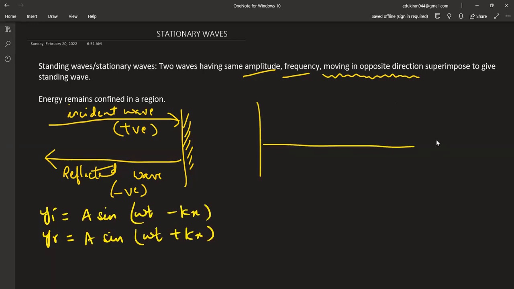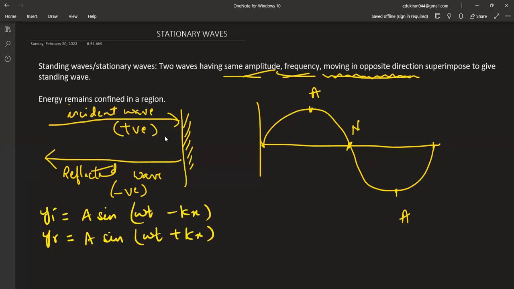Suppose this is a stationary wave that has been formed by superimposition of waves with the same amplitude, same frequency, and moving in opposite directions. These cut points which intersect are called the nodes. And these points which do not intersect, the high amplitude points, are called the antinodes. I'll tell you this later also.